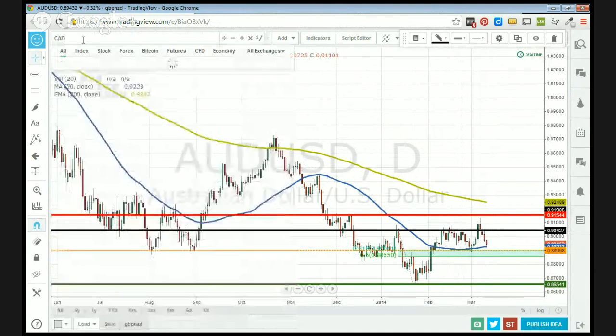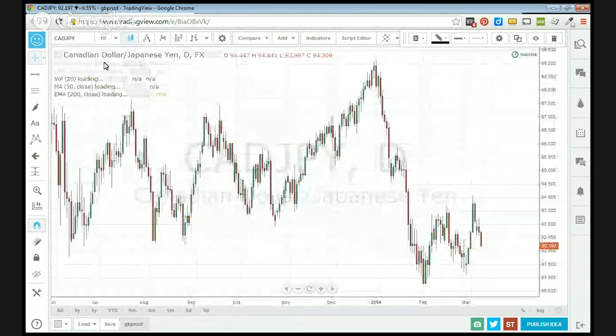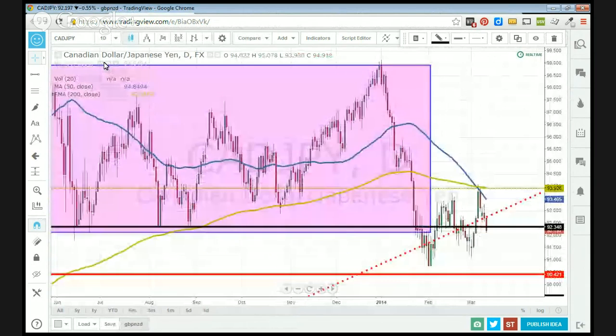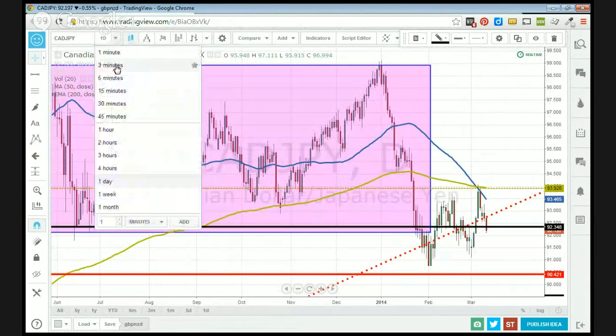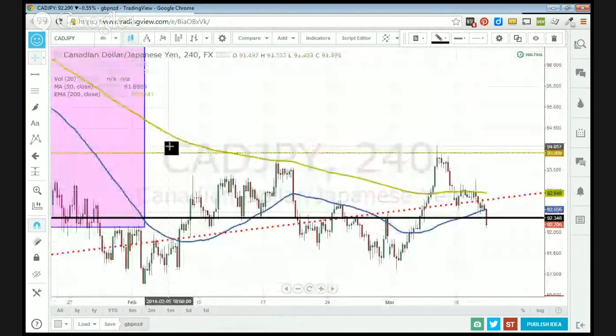I did just get my Canada yen position filled, and I'm really looking at Canada yen on more of a weekly perspective. So here you can see the order just got filled. Let's see what it looks like on the 4-hour chart. Okay, big candle down.